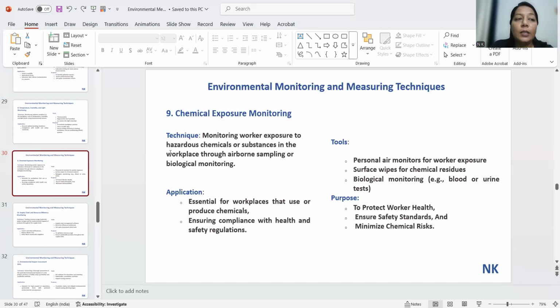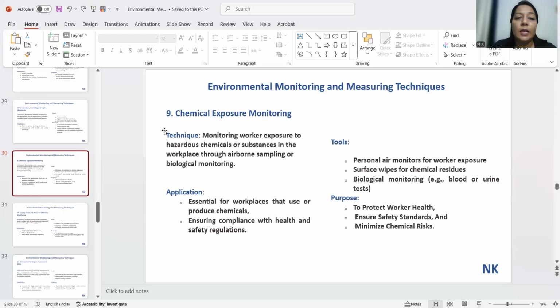The tools are personal air monitoring for worker exposure, surface wipes for chemical residues, and biological monitoring, for example blood and urine tests. The purpose is to protect worker health, ensure safety standards, and minimize chemical risk.